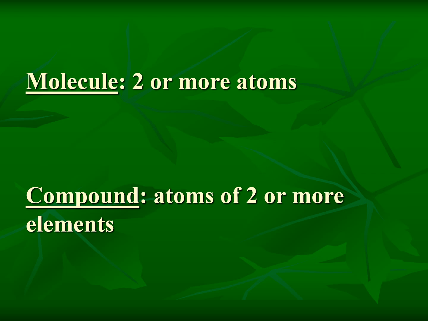A compound, and oftentimes people say, okay, well, then what's the difference between a molecule and a compound? A compound is when you have two or more atoms of different elements. So technically O2, you could say that is a molecule. Now, when you have H2O, then that is a compound because you have both oxygen and hydrogen in there.